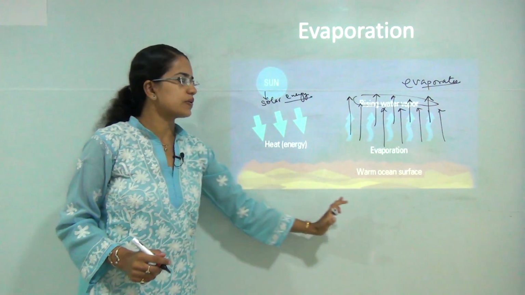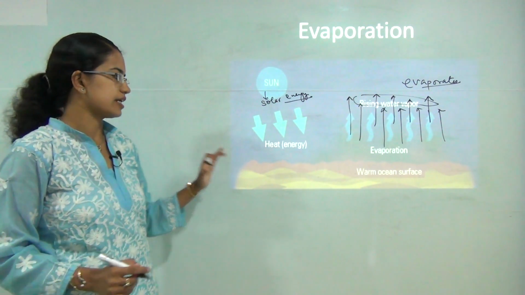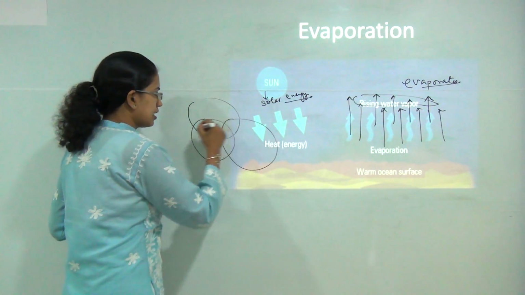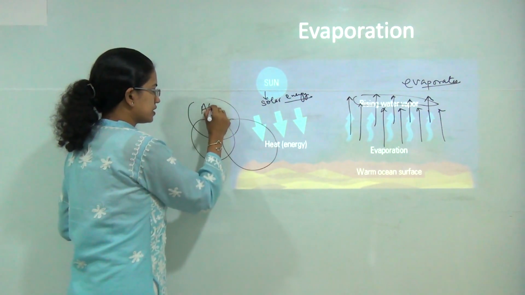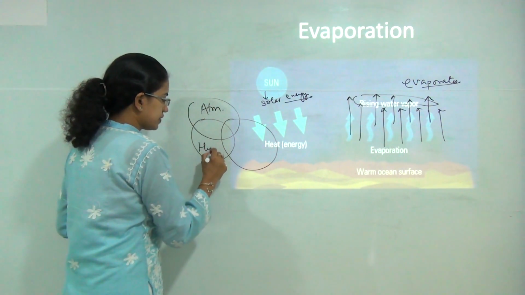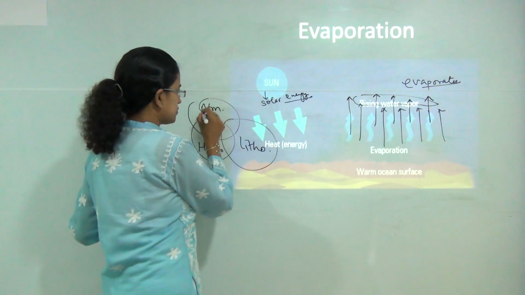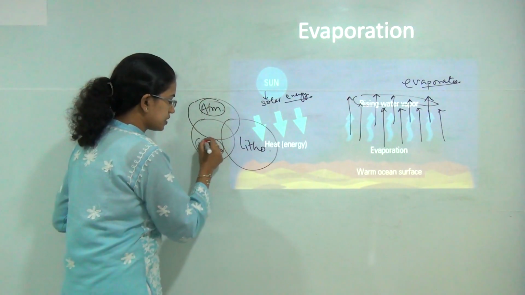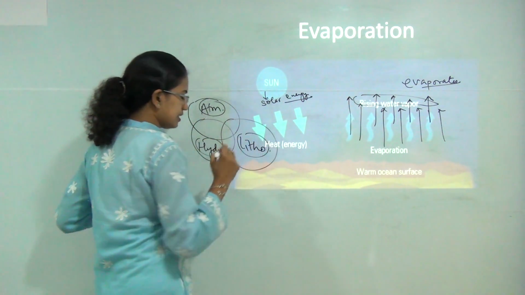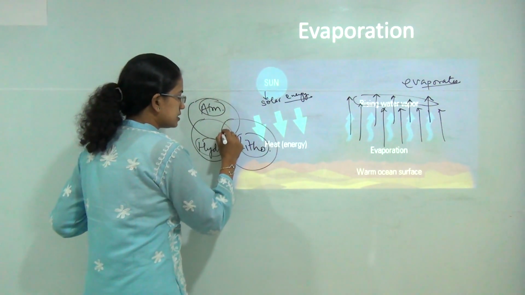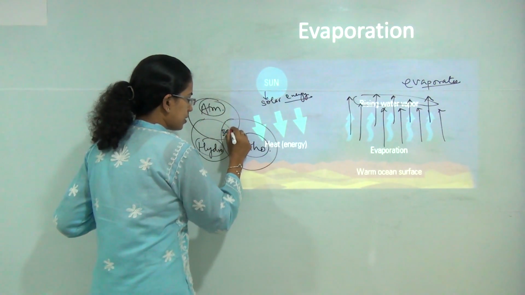Now when we try to understand the complete hydrological cycle, we have divided our earth as atmosphere, hydrosphere and lithosphere. Atmosphere is the air, hydrosphere is the water region, and lithosphere is the land part, and the region where these three merge is the region of biosphere.